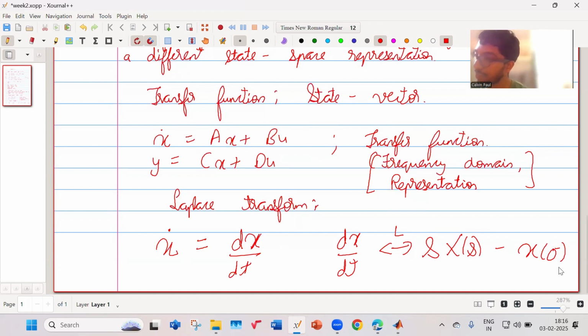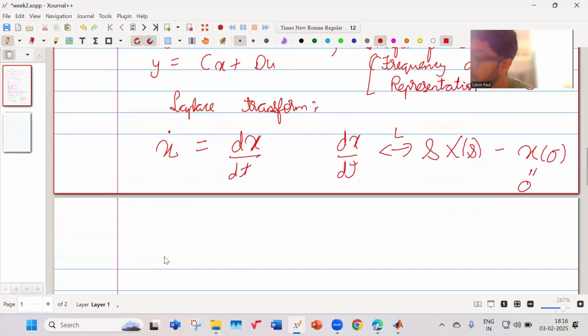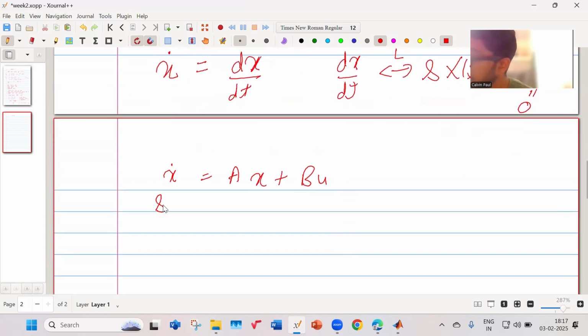When we are considering the transfer function, we consider the initial condition to be set at 0. Okay, and then we will proceed. So now, this x dot is equal to ax plus bu. We get s into x of s is equal to a into x of s plus b into u of s.